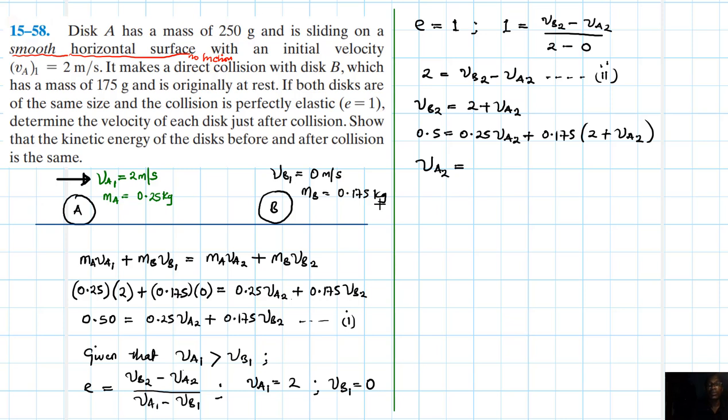so there we go, and then we say 0.5 minus 0.175 times 2, then divided by answer.